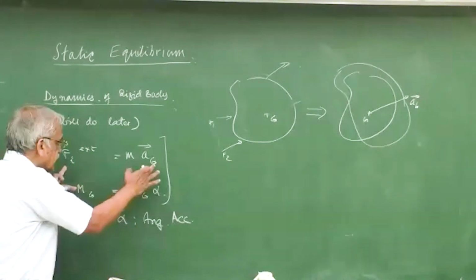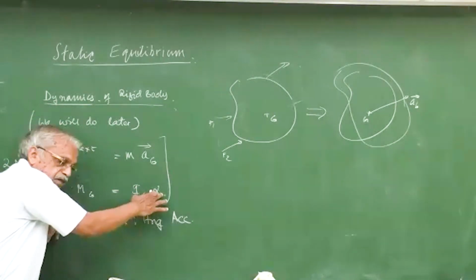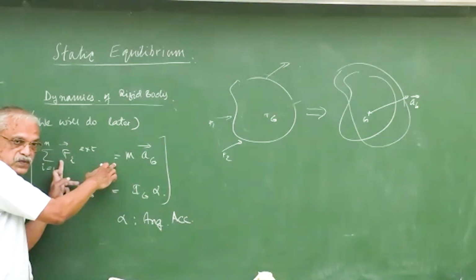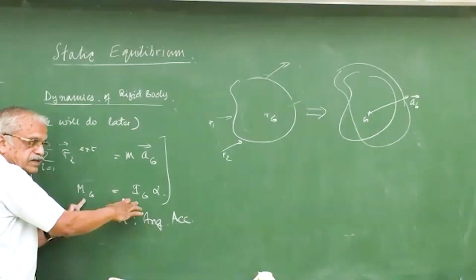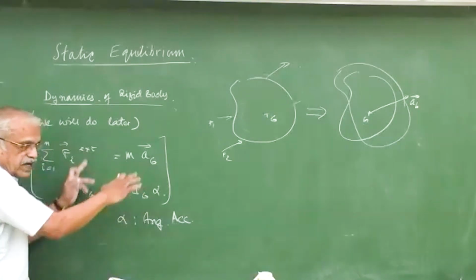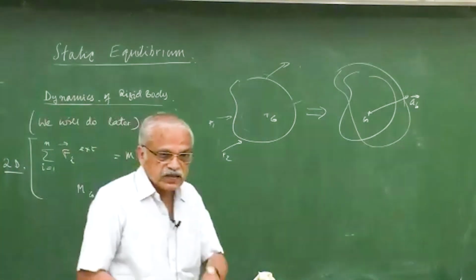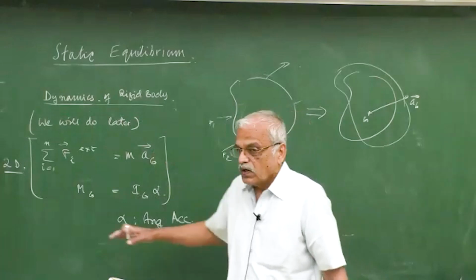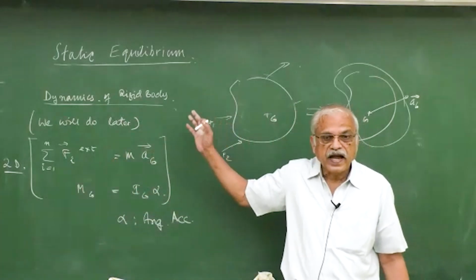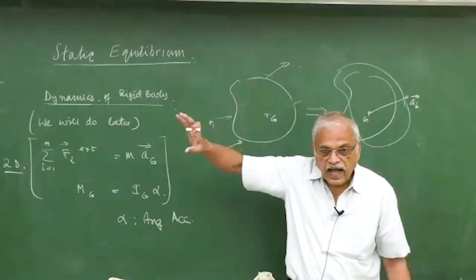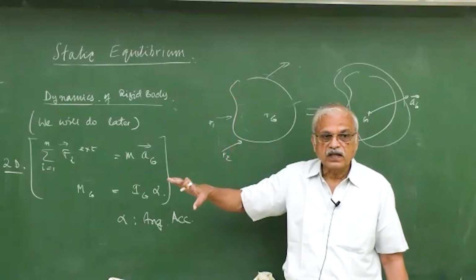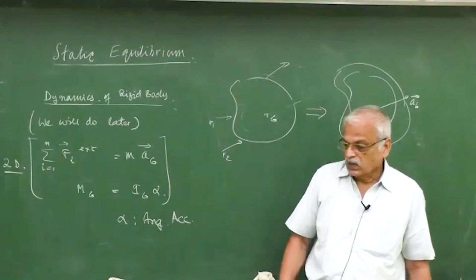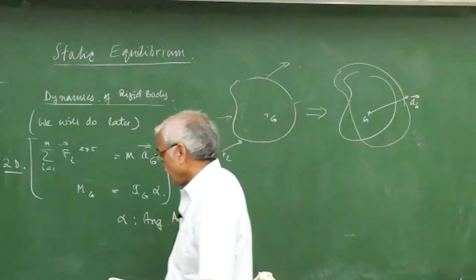So this is equivalent to two scalar equations in 2D, and this is just one equation, giving three equations. Thus we require three equations to tell where G is and what the angular position of the body is.